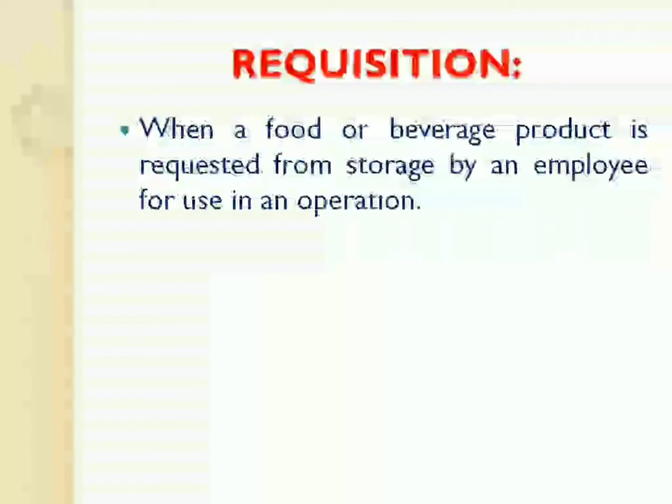Requisition can also be defined as the order slip when a food or beverage product is requested from the store by an employee for use in an operation, that is the kitchen. A requisition slip is required, a form to be filled by the larder chef to get the required items issued from the store so that the larder chef can prepare the dishes according to the menu.